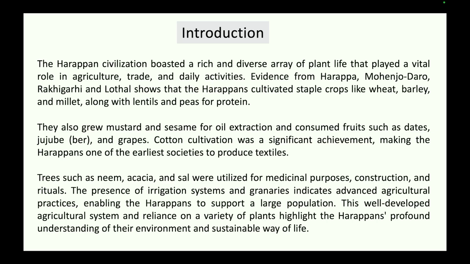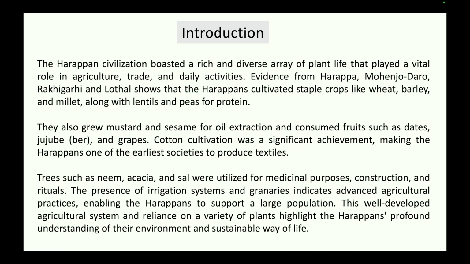Cotton cultivation was a significant achievement, making the Harappans one of the earliest societies to produce textiles. Trees such as neem, acacia, and sal were utilized for medicinal purposes, construction, and rituals.